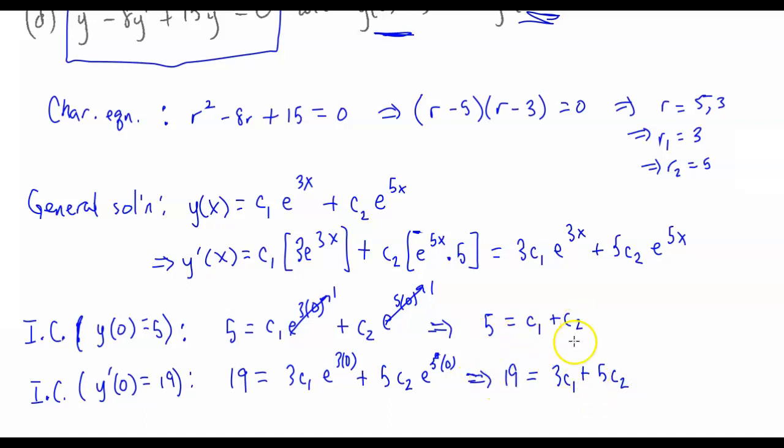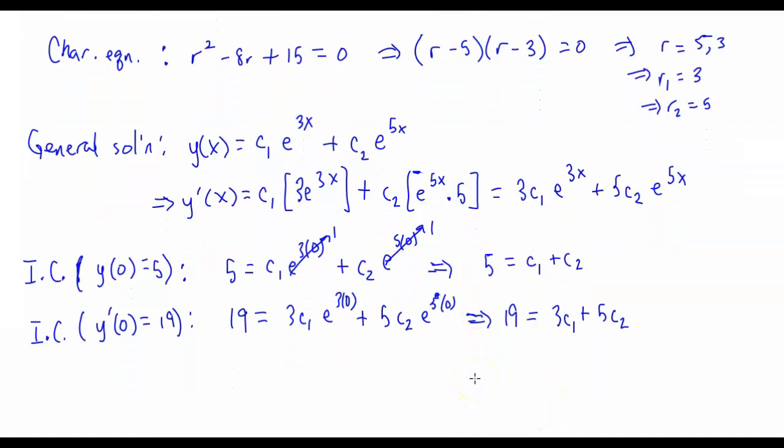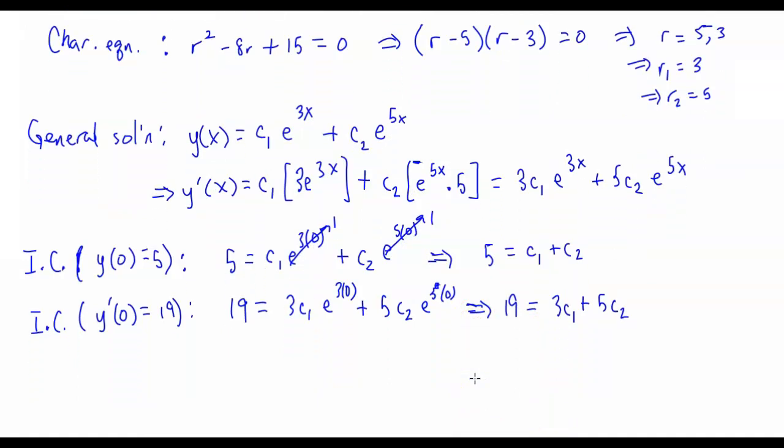And so now at this point, we have two equations, two unknowns. We could solve for C1 and C2. And I'm going to elect to do this by using the elimination method. So I'm going to rewrite these here.